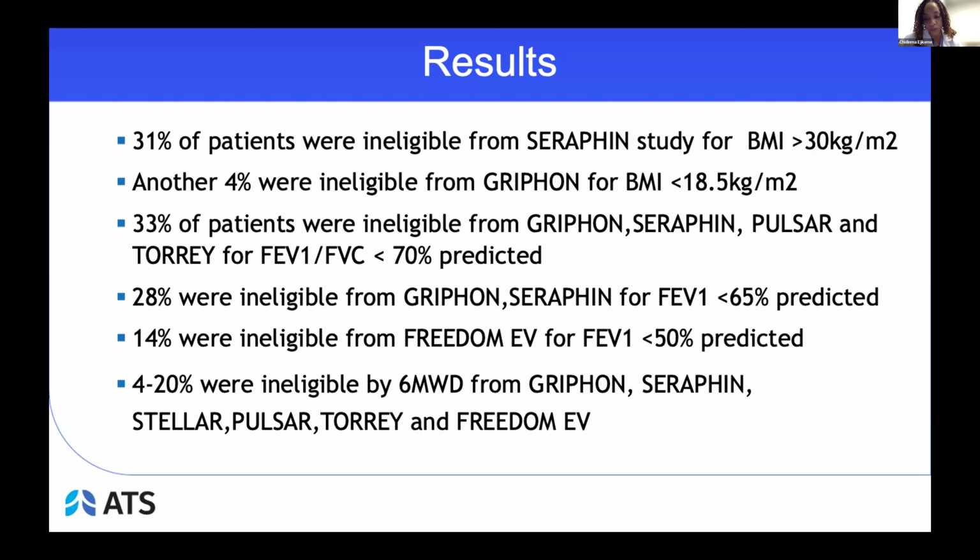Because at the end of the day, when the medications are released to the real world, everybody gets them. So if we're able to get a better understanding of these different criteria and use that to choose our patient enrollment, then I think we'll be able to do better.